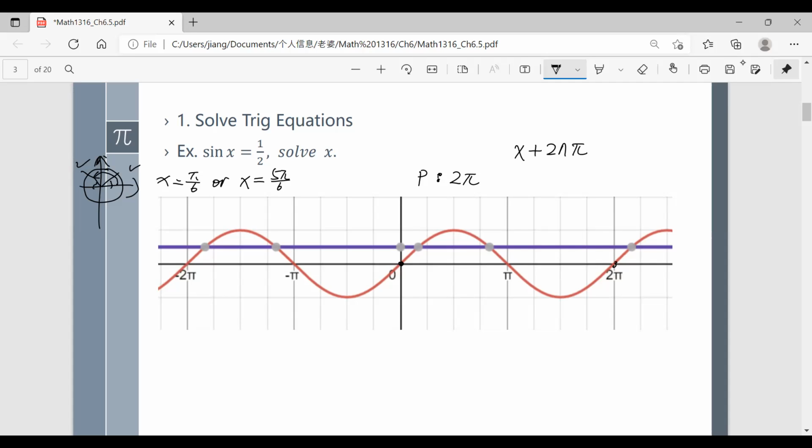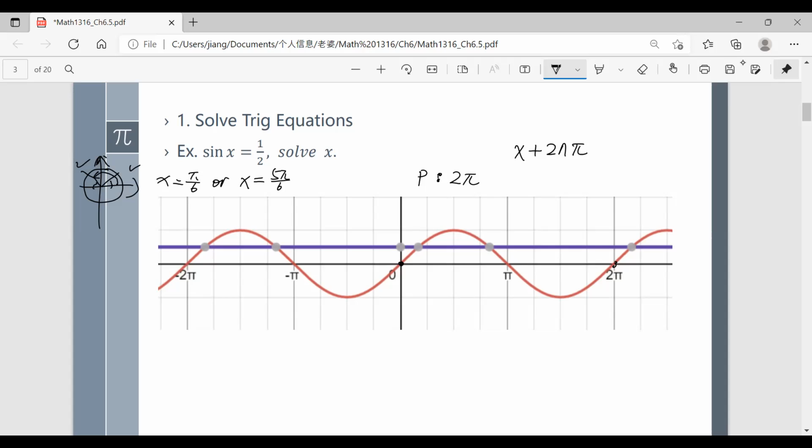That means if we found one solution, x equals pi/6, I add 2n pi, the sine x is still 1/2. And x equals 5 pi/6 plus 2n pi, we also get the same result, sine of this x plus 2n pi equals 1/2.